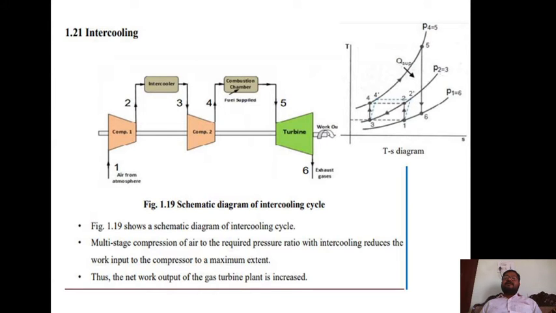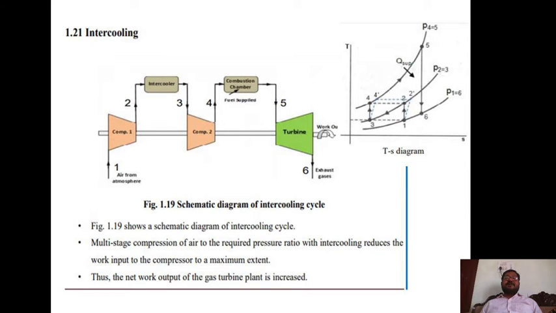And then 3 to 4 is the isentropic compression process in the second stage. 4 to 5 is the constant pressure heat addition process. 5 to 6 is the isentropic expansion process. 6 to 1, if you join this, is a heat rejection process.